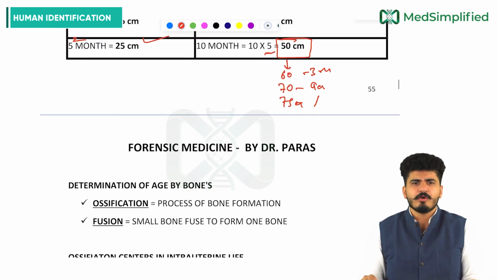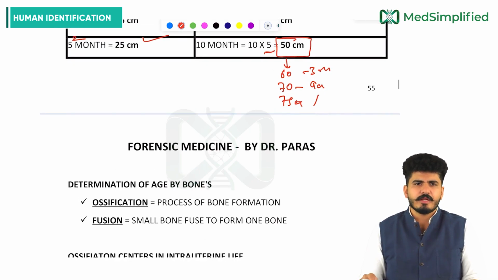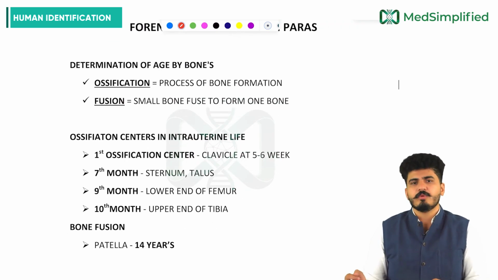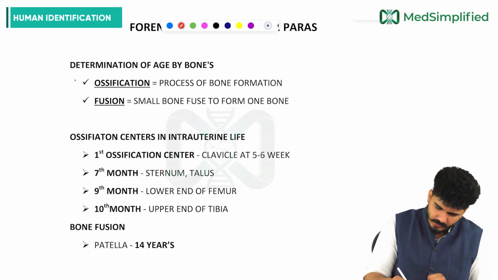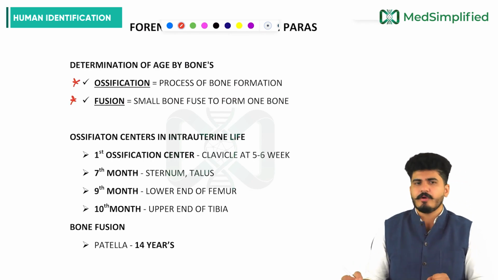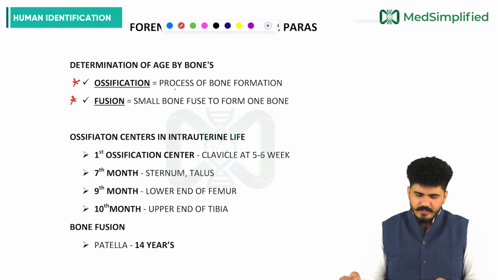Now we will be moving on to the next, and next is what, sir? We're coming to the determination of age by the bones. So two things are there which you need to understand. One is called ossification, another is called fusion.